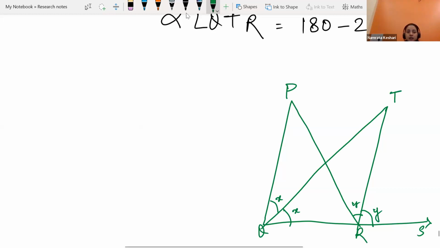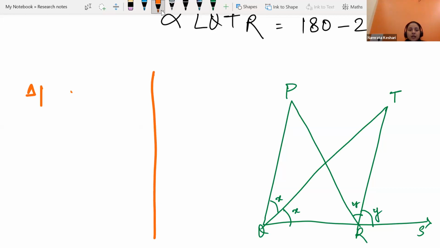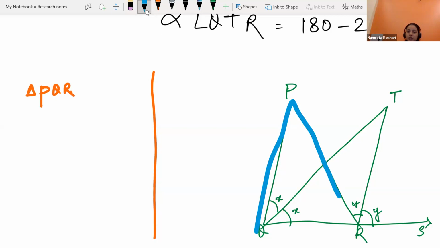Let's take triangles. First we will be talking about triangle PQR. Now if you focus on triangle PQR, can we say the exterior angle, that is y plus y, 2y, is equal to the sum of the opposite interior angles?